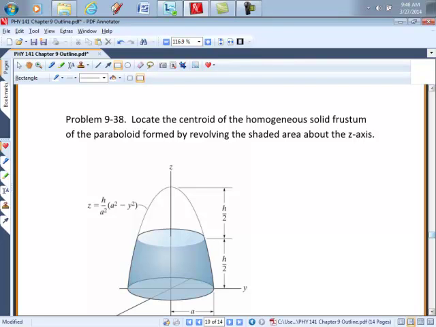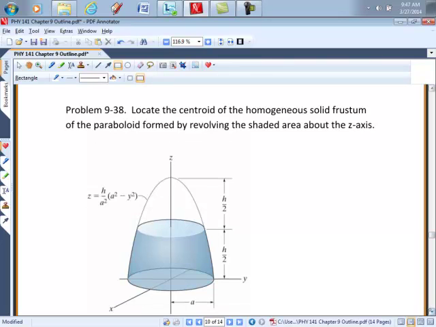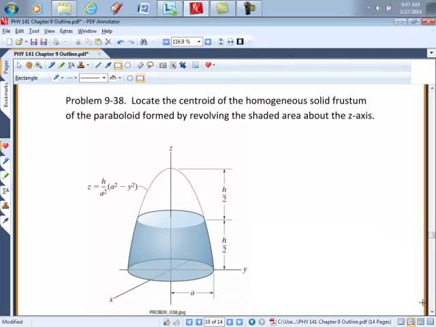So the shaded area is between the z-axis, and if we look at it on the y-axis, this would be h over a squared times a squared minus y squared. So h is the total height, and this has been cut off at h over 2. All right, so let's start with x bar. How are we going to find x bar?